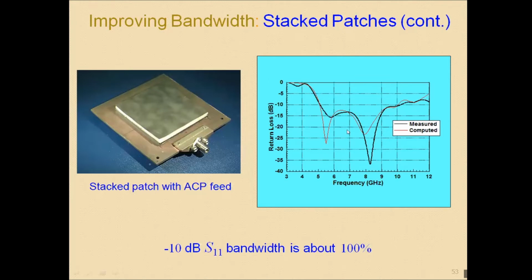How can I say that the bandwidth is increased? See, 0, minus 5, minus 10, minus 15, it goes on like that. When the return loss is less than minus 10 dB, then only is the antenna operating in the specified frequency range. Minus 10 dB, or at least minus 14 dB level.